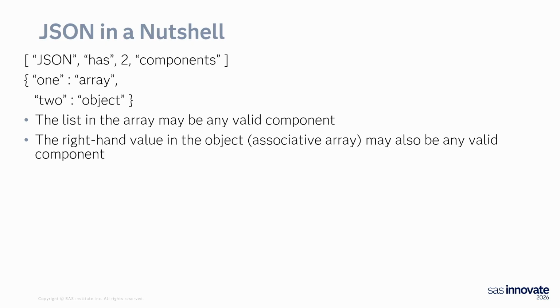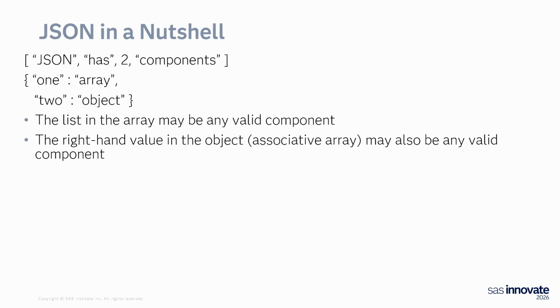And finally, to finish our definitions, what is JSON? JSON is a way to represent data. It really has only two components. One is called an array. Unfortunately, this is not like the SAS array in the data step, but it's called an array. The other one is called an object. The object is more commonly known as an associative array in that it has a left-hand side value that results in a right-hand side value.